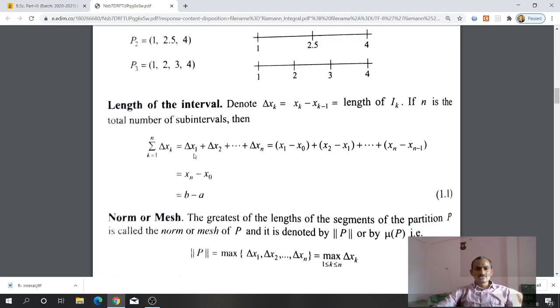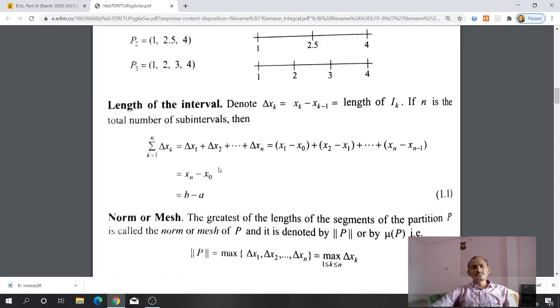Delta x1 is the length of your first interval, delta x2 is the length of your second interval. This is notation only. And delta xn is the length of your nth subinterval.